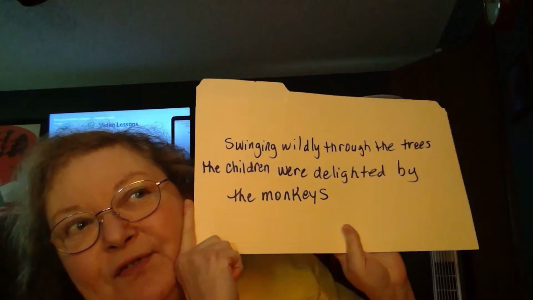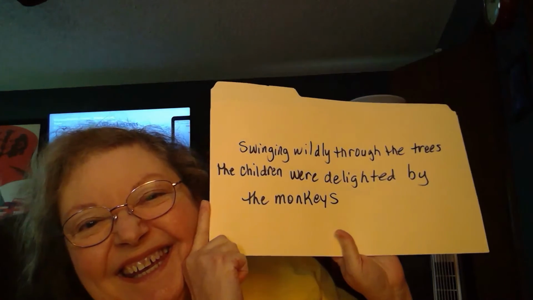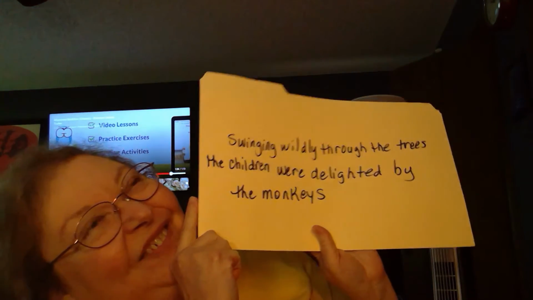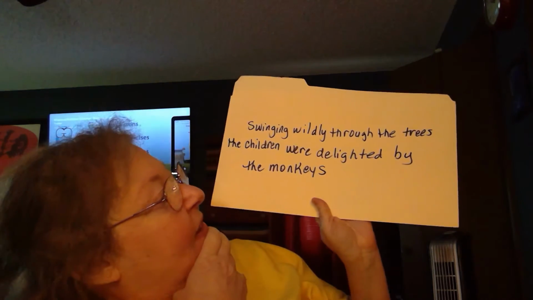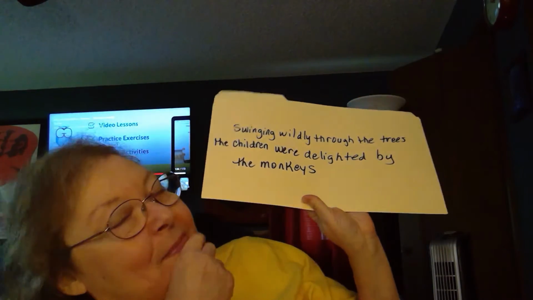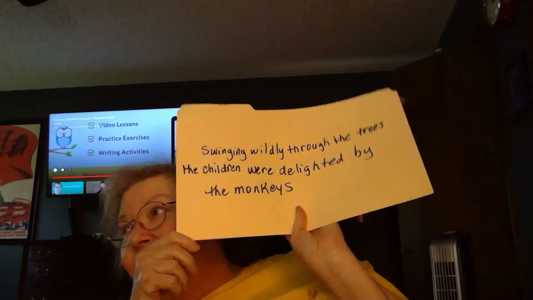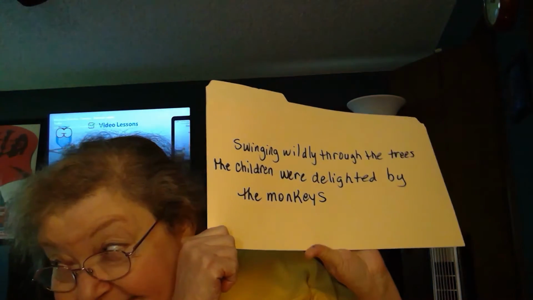Let's read this sentence for me, Olga. Very good, Olga. Swinging wildly through the trees, the children were delighted by the monkeys. I'd have something to say about that, I can promise you.